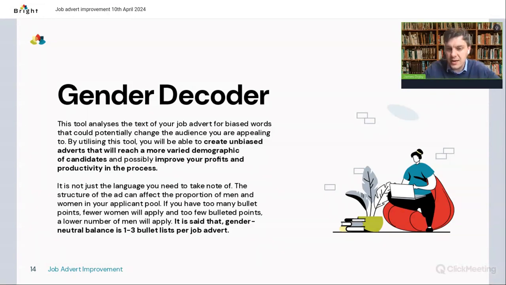So a gender decoder looks at a ridiculous number of job adverts. I've seen ones that have used hundreds of millions of job adverts from around the world, and it looks at the equal opportunities information behind them, and it uses lots of advanced technology to basically say where these words are being used, you typically skew the applicant numbers towards males or females.